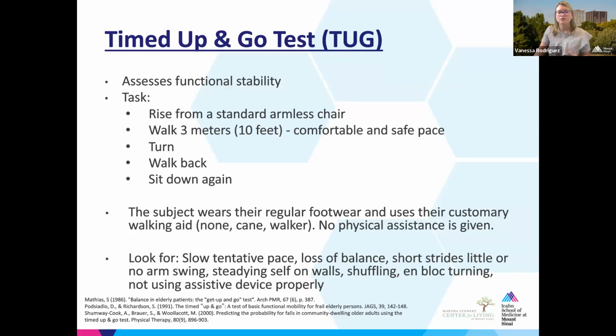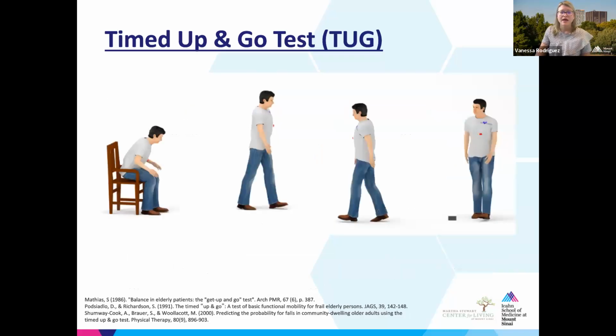And at this point, what you're looking at is their pace, their balance, their gait, if they're helping themselves while they're walking by using the wall, or if they have a proper arm swing and so forth. And this is how it looks in practice. Again, it's very easy to do and it requires very little equipment.